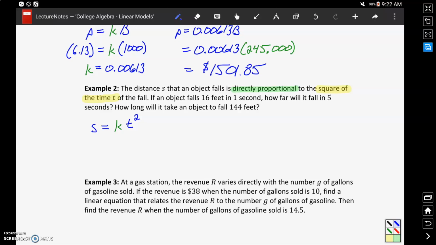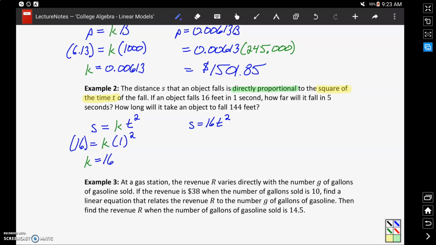In this case, we're told that if an object falls 16 feet in 1 second, that's the information that we can use to solve for k. So in this case, dividing both sides by 1 squared would just give us k is equal to 16, meaning our nonlinear equation in this case is s equals 16 times t squared.